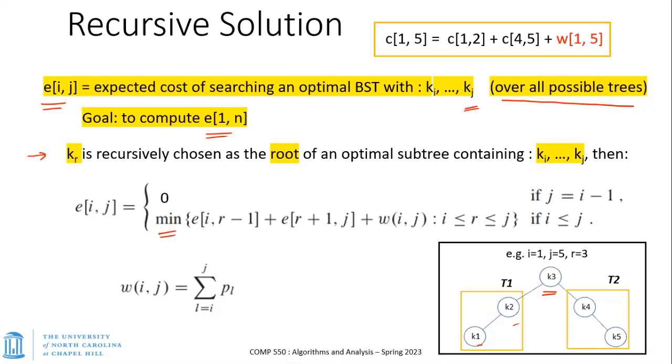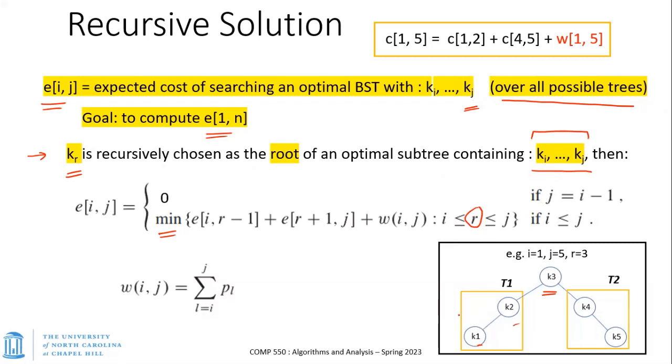You could make K1 the root and determine the cost for that entire tree, then make K2 the root and compare that with what happened when K1 was the root, and similarly select each one as the root one by one. So KR is recursively chosen as the root of the optimal subtree for this portion from Ki through Kj, and we're going to let R vary between I through J.